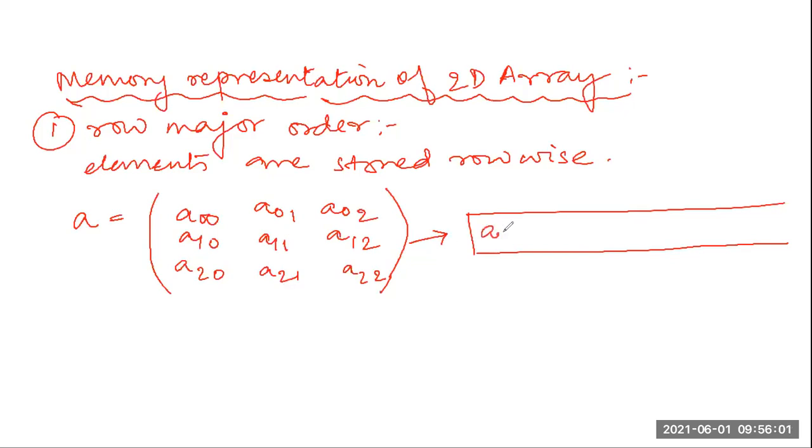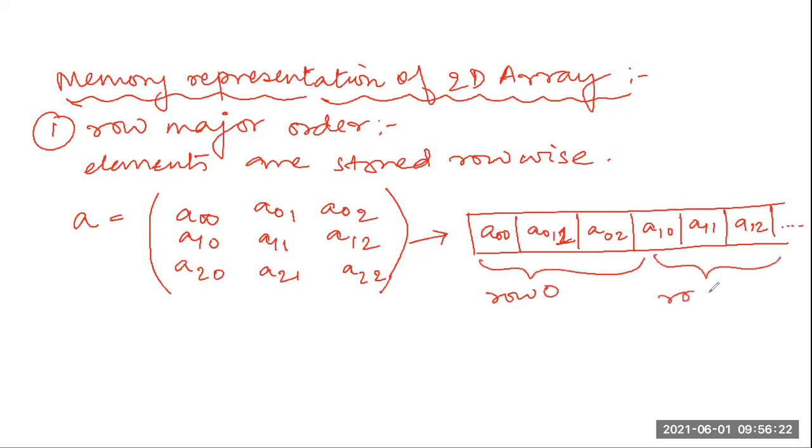So first it stores row 0 elements, then row 1 elements, then row 2 elements like this.